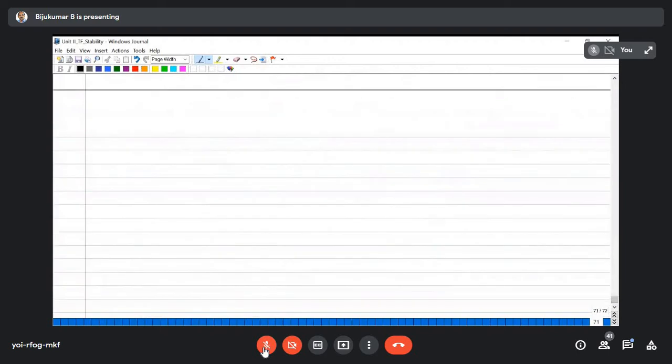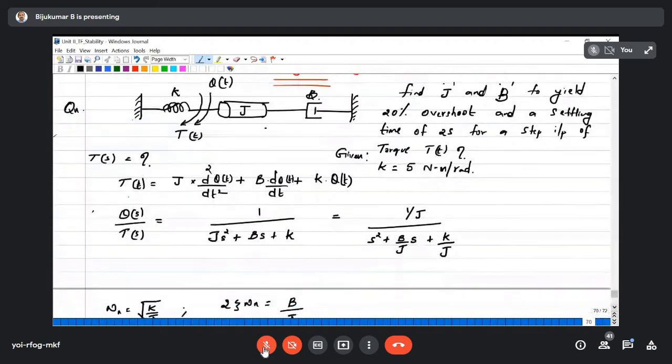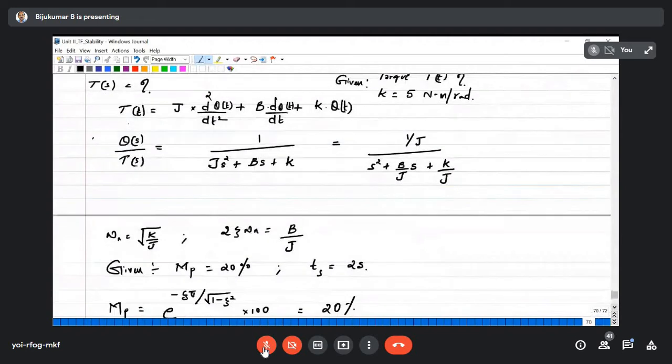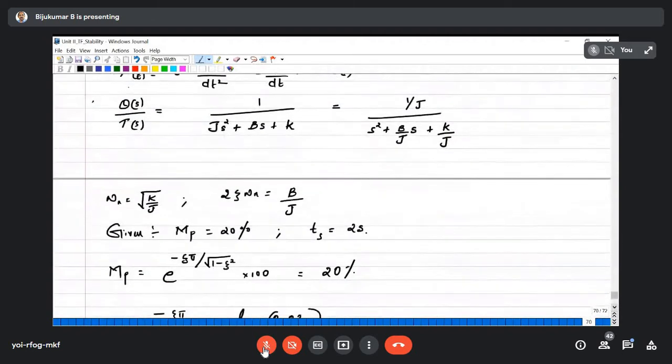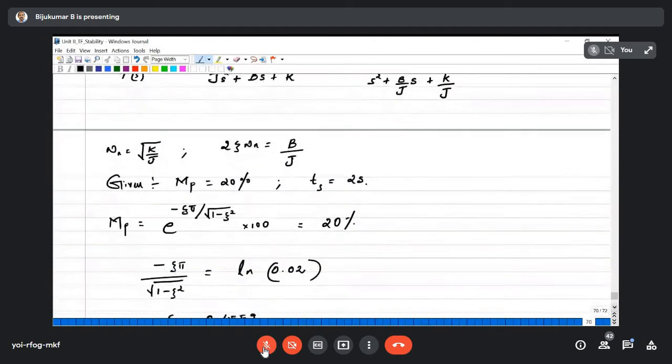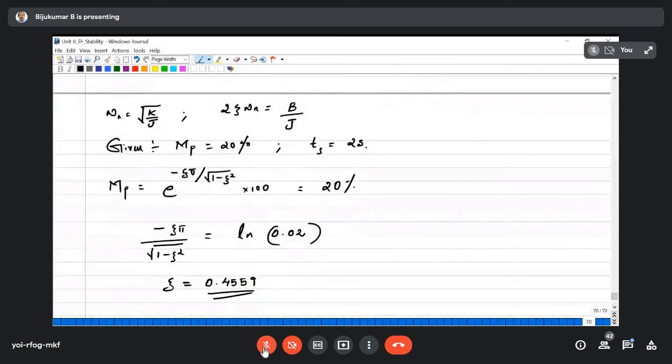Now we need the omega n, right? In order to find omega n, one more parameter has been given, it is settling time. Settling time is equal to 2 seconds. Since nothing is mentioned, meaning the band is not mentioned, you assume the band is plus or minus 2%.